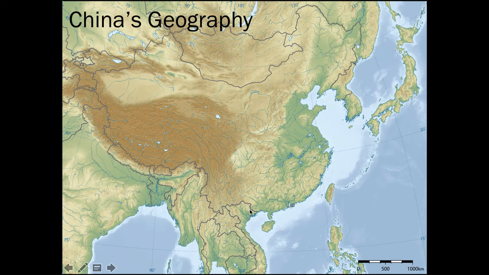The riverways of China, even though they look like they're all over the place and seem to run in every direction, most rivers in China that are navigable run east to west. For example, the Huanghe or Yellow River, the Yangtze River of China. So there may be northern and southern turns for those rivers, but they generally run east to west.